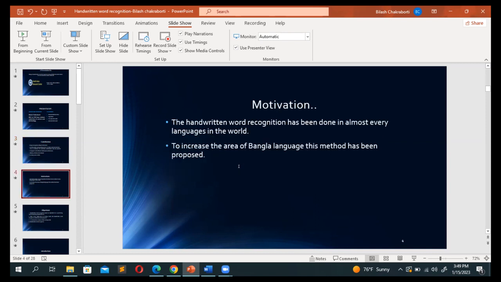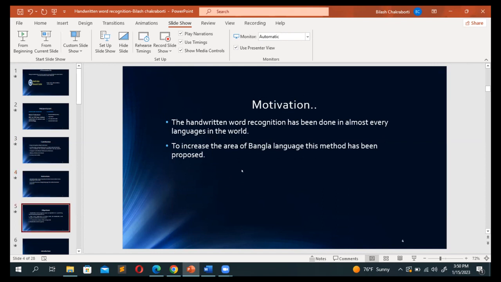Then why have we done this work? Handwritten word recognition has been done in almost every language in the world. As a native speaker of Bengali, I wanted to do something for my language, so I did this work to increase the coverage of the Bangla language.